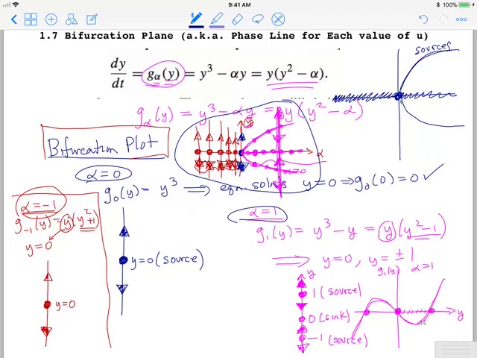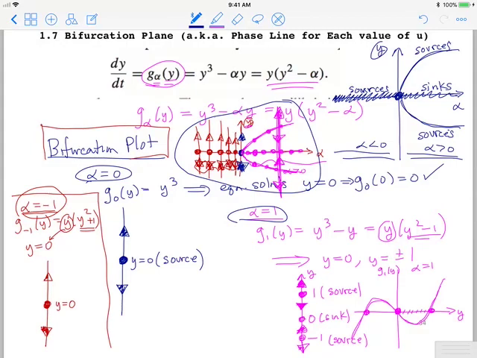Along the bottom branch, it looks like we have sources. Okay. Here we had sinks, right? So this is what the pitchfork looks like on the alpha greater than 0 side. On the alpha less than 0 side, our sinks switched to sources. And that's what our bifurcation plot looks like for various values of alpha in the phase line y.